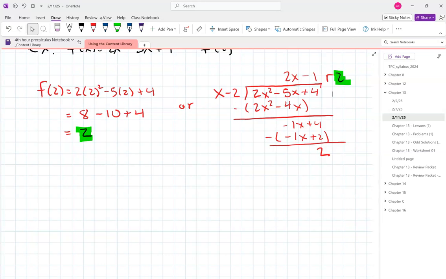Because it implies the divisor is a factor of the dividend. For example, if I take 6 and divide it by 2, I get 3 remainder 0. What that tells me is that the quotient, 3, times the divisor, 2, is going to equal the dividend, which is 6. It allows me to factor that number.